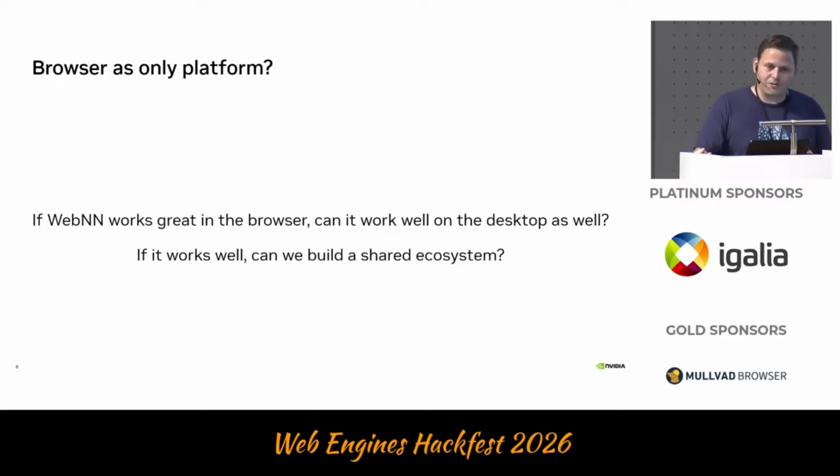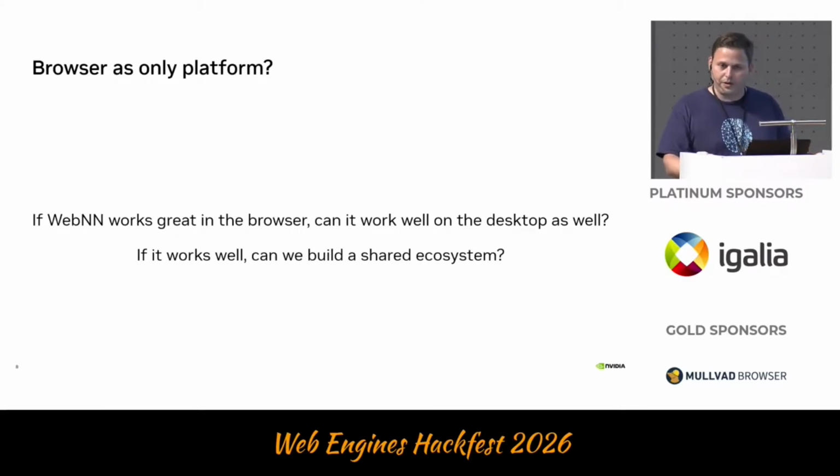And this leaves us with a question: if we make such a great interface or standard in the browser which really runs everywhere, so that you don't have to care whether we run on Apple, Microsoft Windows, Linux, Android or some other operating system, why do we have to limit this to the browser? Why don't we go further and say, can we do the same for desktop? Like with WebGPU, we have Dawn and wgpu as implementations.